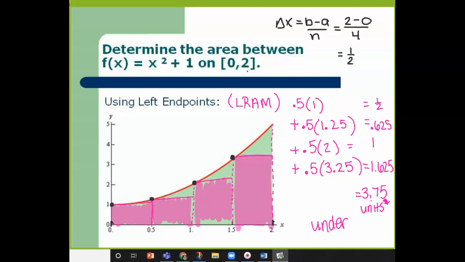My delta x is also like the dx or the dt in my integral equation. It represents the width of my rectangles. So each of these has a width of 1/2.